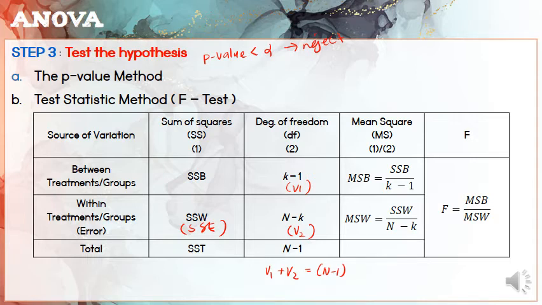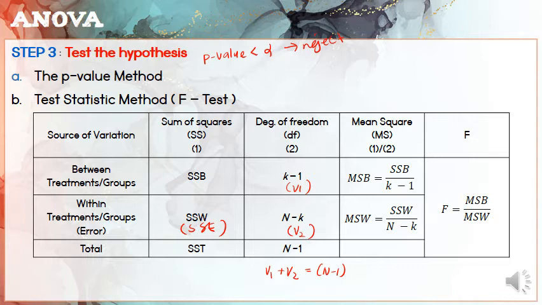And then we have mean squared, MS. Okay, MSB is mean square between treatments, and MSW adalah mean square within treatments. Ada juga buku pakai MSE, mean square error.